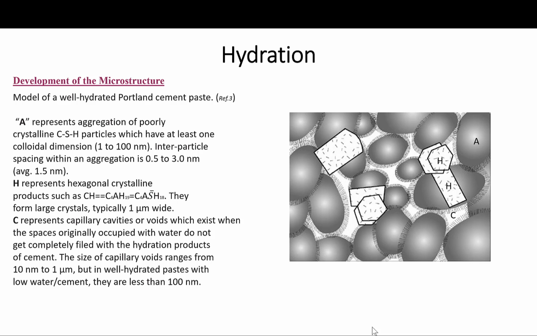A model of the essential phases present in the microstructure of a well-hydrated Portland cement is shown here on this figure.